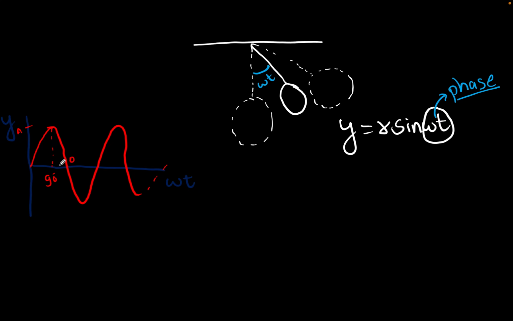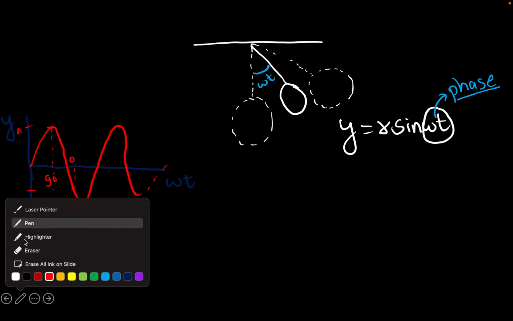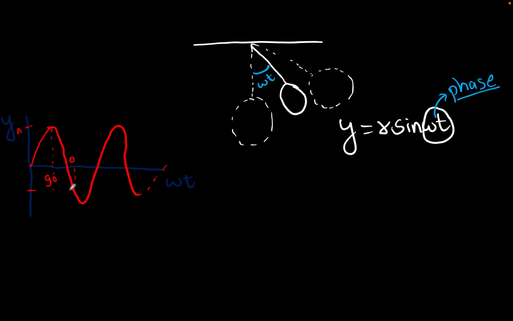So what is phase giving us? Phase is giving us the position and the direction of the simple pendulum. If you see right here, our displacement is negative. So it means that our simple pendulum at this point is somewhere in the opposite direction from here.